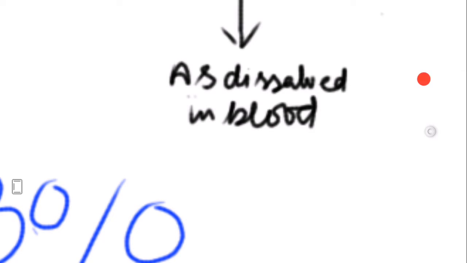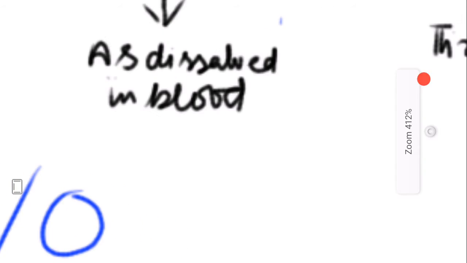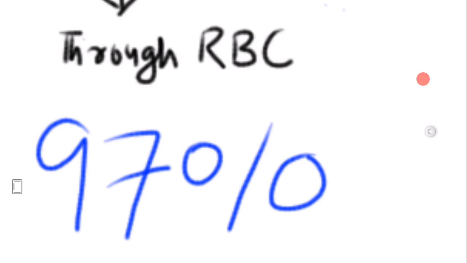Oxygen in the blood is dissolved in the plasma, which is a component of the blood, and carries oxygen to the different cells of our body. The second way is through RBCs, which account for 97% of the total transport of oxygen in our body.